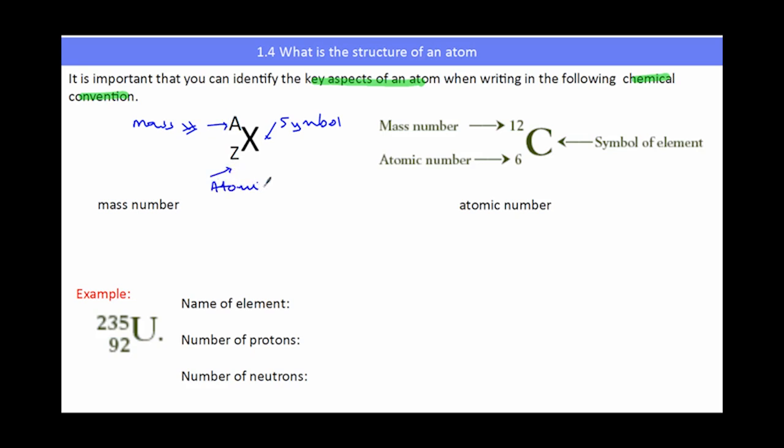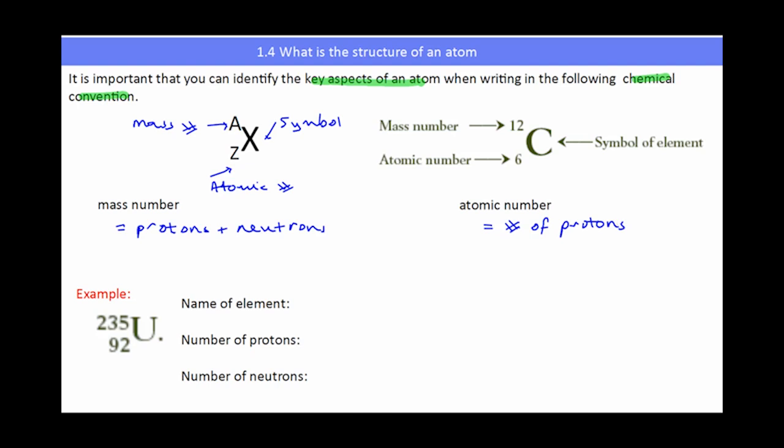And we can represent every element using that convention. The mass number is equal to the number of protons plus the number of neutrons, so basically how many nucleons the atom has. The atomic number is simply the number of protons of that atom, and that can be found directly from the periodic table.